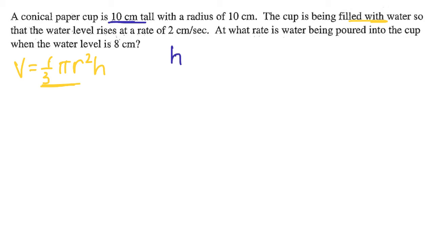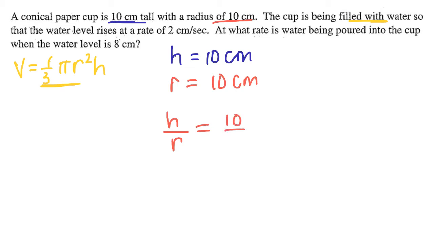So I know the height is 10 centimeters. And I'm also told that the radius is 10 centimeters. Well, that's kind of handy. If we look at a relationship between the height and the radius, they're both 10 here. So it's pretty safe to say we could even set up a ratio and say h over r is equal to 10 over 10.